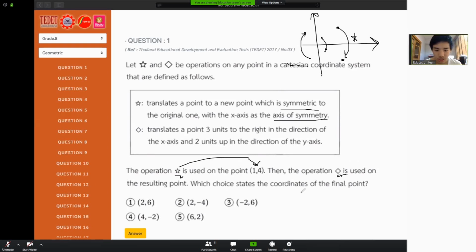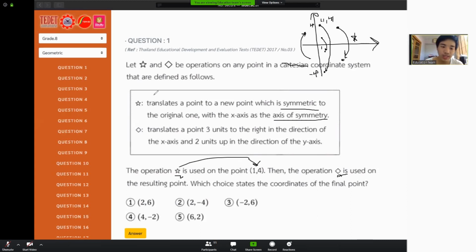Okay, so what is that going to do with the point (1,4)? If we have the point (1,4), you can think maybe that's 1, 4. That's not the greatest drawing, but it's going to get reflected down to this point, right? If you reflect across the x-axis, you go from 4 down to -4.